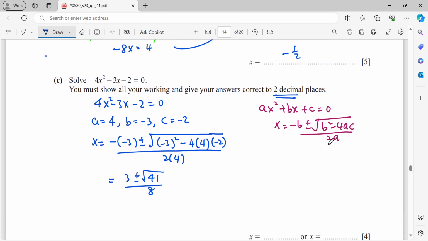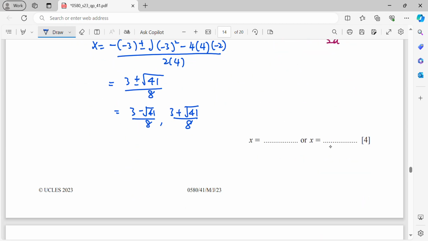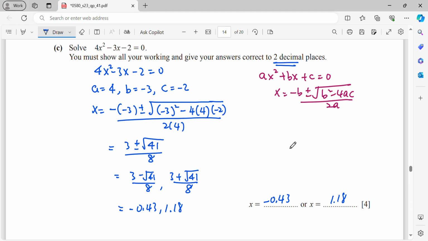And now, to get the two values, the first one is counted using minus, and the second one using plus. Okay, and now correct to two decimal places, you will get negative 0.43 and 1.18. So that's the solution of this part C.